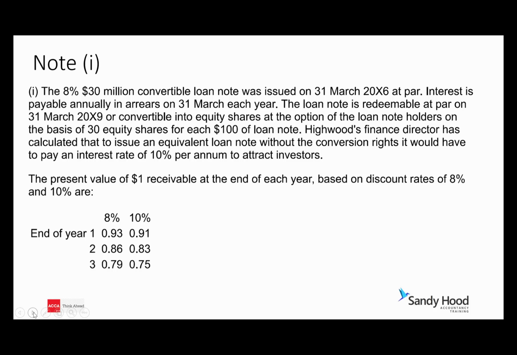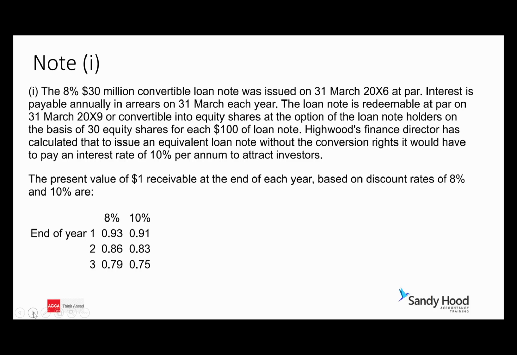The loan note is redeemable at par on 31st of March 2019, or convertible into equity shares at the option of the loan note holders on the basis of 30 equity shares for each $100 of loan note. Interesting, because we've already looked at the question, so we know that there isn't an earnings per share calculation requirement within this question, but that would have been something I would have been looking out for if I'd seen that we've got a convertible loan note.